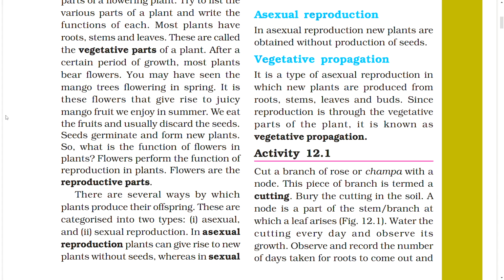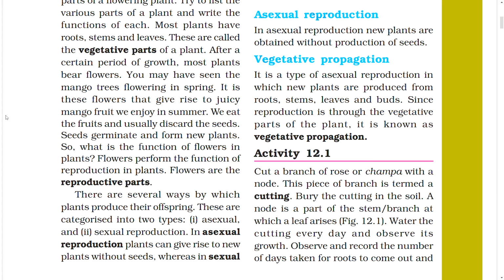Activity 12.1. Do this. Cut a branch of rose or champa with a node. The piece of branch is termed a cutting. Bury the cutting in the soil. A node is a part of the stem or branch at which a leaf arises.